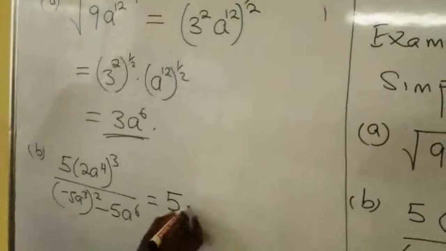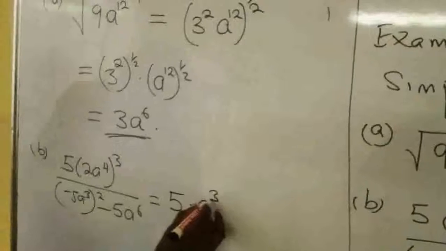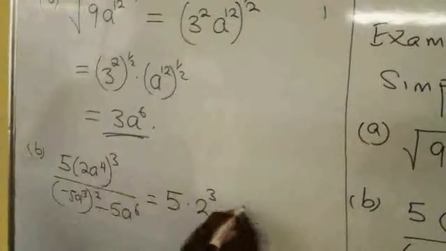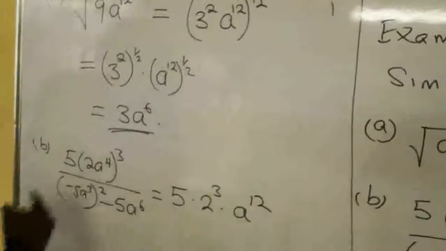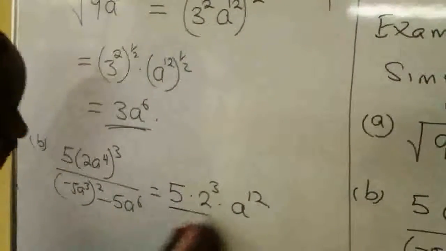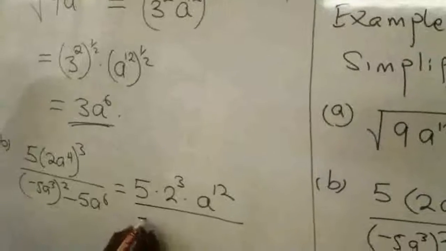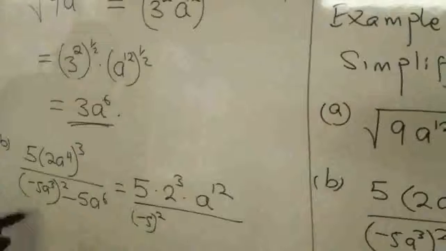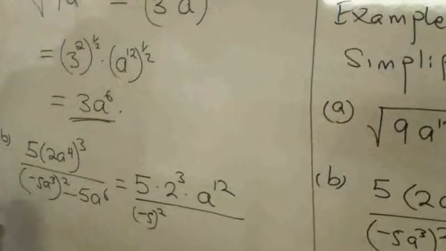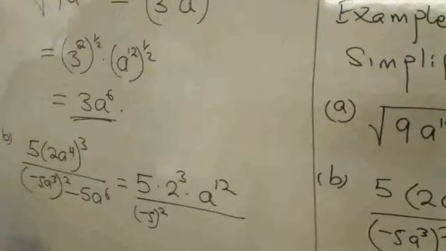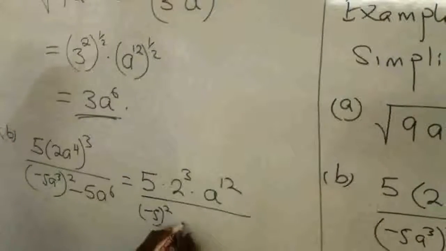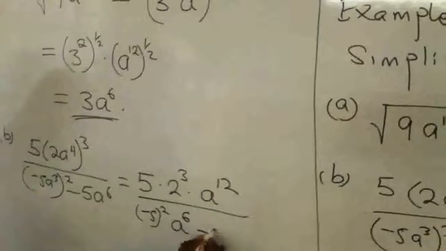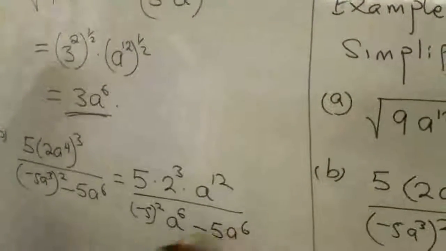This will be 5 times 2 power 3 times a power 12, because we multiply the powers there, divided by negative 5 squared. Remember, the negative is also inside the brackets, therefore it's negative 5 squared times a power 6, subtract 5a power 6.